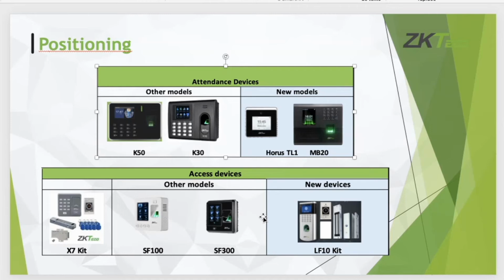Then, talking about access control devices, compared with the LF10 kit that we just presented, in the market you can also find other kinds of kits, like, for example, the X7 kit, that was kind of popular in the past. The difference is that this device doesn't have a screen like the LF10 device that we have here. And also this device has no communication.